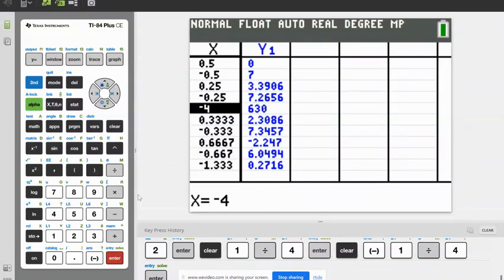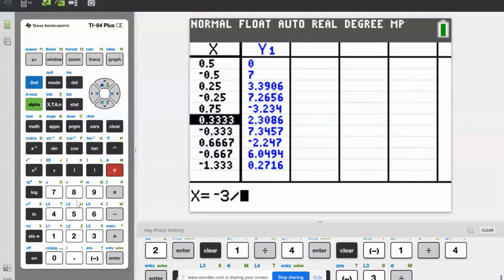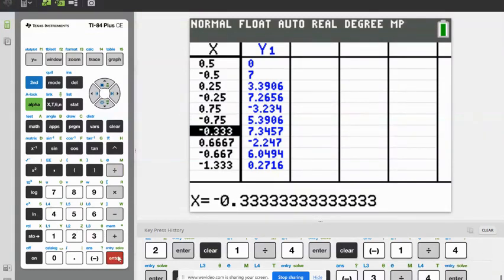It yields 7.265, not working. So then we got these two. Let's do the 3/4. 3 divided by 4. Again, not working. We'll do negative 3 divided by 4. Not working. And then last but not least are the 3 halves.